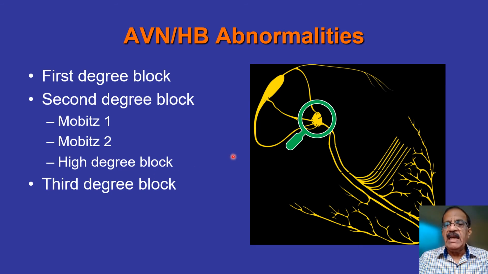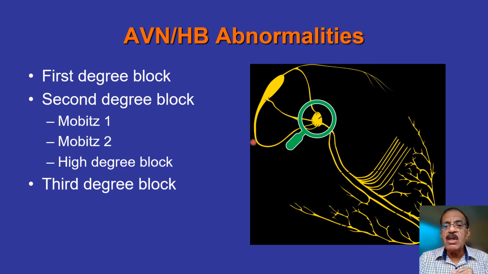So complete heart block is a condition where atrial depolarizations do not reach the ventricles at all, not even a single one. Now if we recapitulate, in first degree heart block, every atrial depolarization reaches the ventricle after some delay. In second degree heart block, some reach, others do not reach.